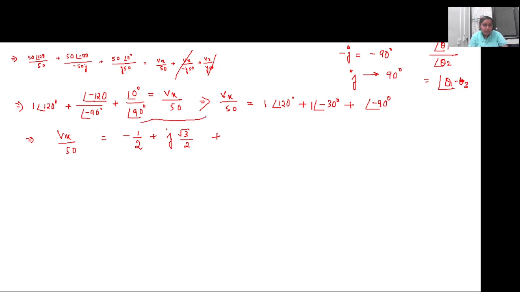So now from this step to this step, for the cos 120 degree plus j sine 120 degree, now cos of minus 30. Cos of minus 30 is cos of 30, and cos of 30 is root 3 by 2.